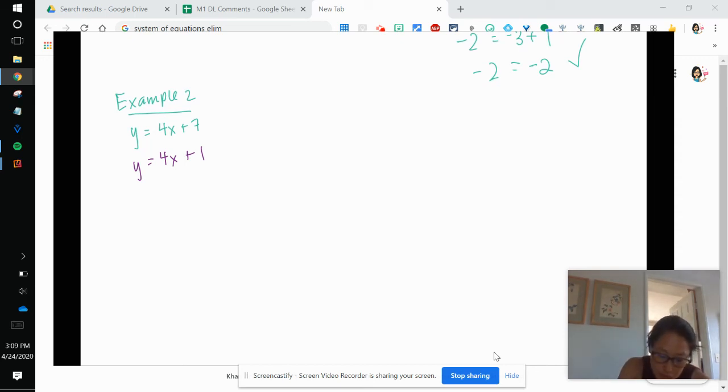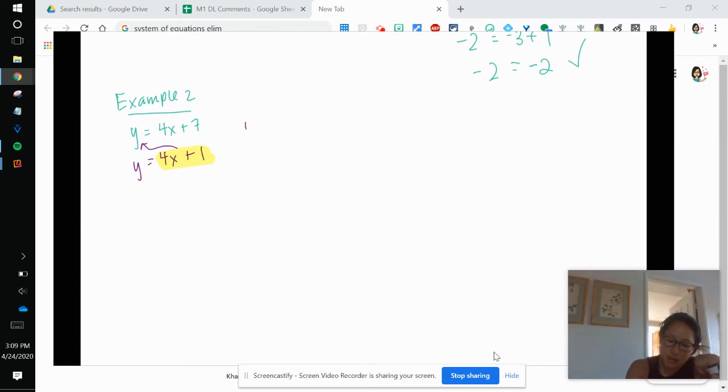This time I'm going to take something from the second equation. I'm going to substitute the y value, 4x plus 1, into the first equation. It doesn't matter which equation is the top and which one's the bottom. You can substitute the bottom into the top or the top into the bottom.